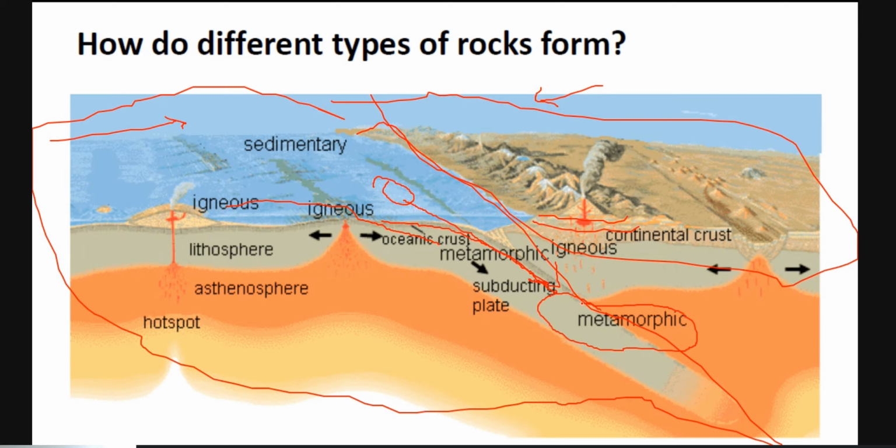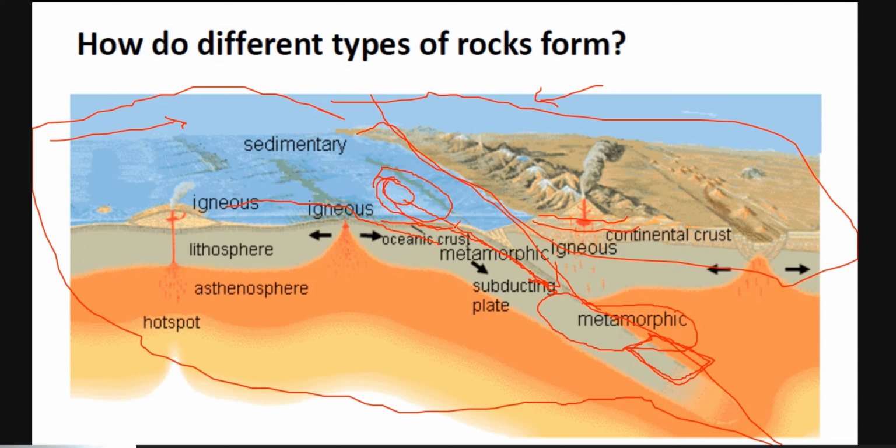Metamorphose means the mineral structure and also the morphology of that sediment layer will change. So you will get metamorphic rock, more compact and lithified.